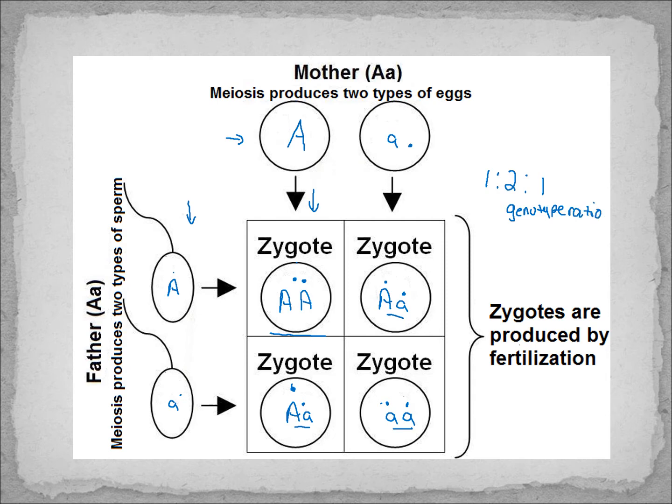Now, in terms of phenotype, okay, let's say the capital A is brown eyes, okay, and the lowercase a is blue eyes. Then we have basically three individuals are going to have brown eyes, right?